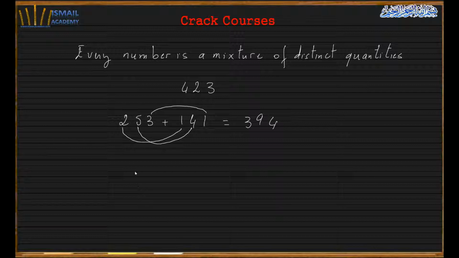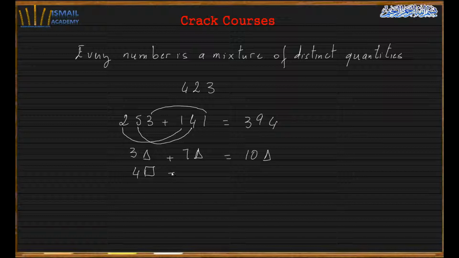And if I want to add shapes, for example, if I have 3 triangles plus 7 triangles, what's going to be the total? It's going to be 10 triangles. And if I have 4 squares and I add 3 triangles, what's going to be the total here?